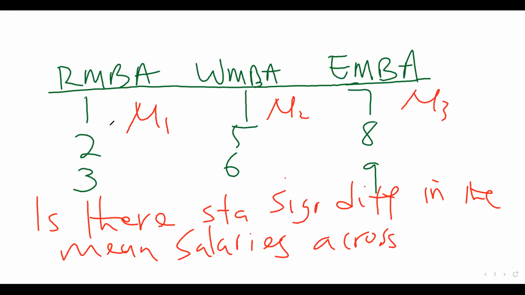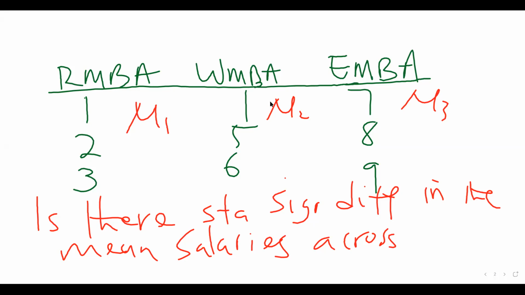ANOVA comes out with a statistic, and then we juxtapose that against the critical value. So we are going to look for the differences within and the differences between.